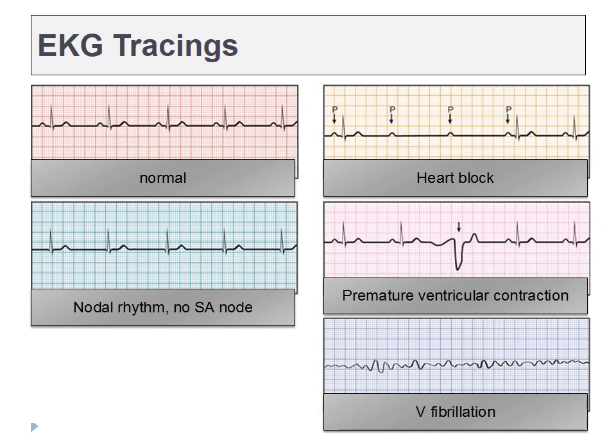So up in the upper left is a normal, or healthy, tracing. We should see consistent P, QRS, and T waveforms. So that would be one heartbeat, and then they should happen again in the next heartbeat. If you need to do heart surgery, you're going to need to stop a patient's heart, and that's called heart block.